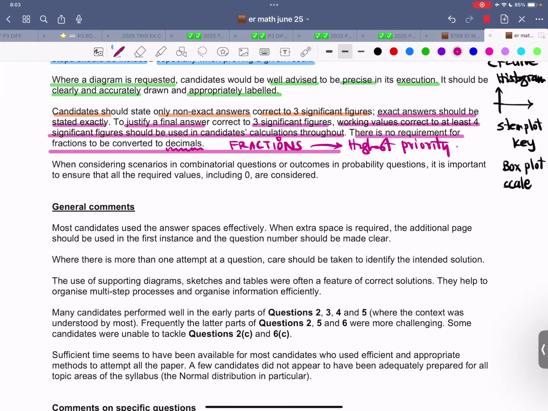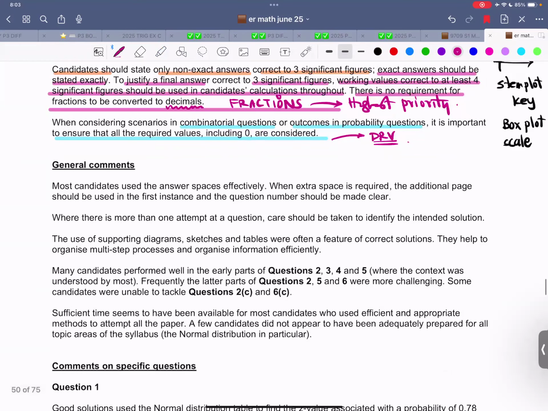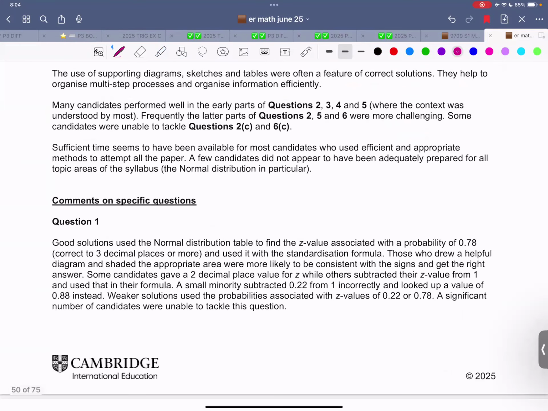When considering scenarios in combinatorial questions, permutation and combination, or outcomes in probability questions, it is important to ensure that all the required values, including zeros, are considered. Basically, it's giving you a reference to discrete random variables. Okay, so now this is all done and dusted.